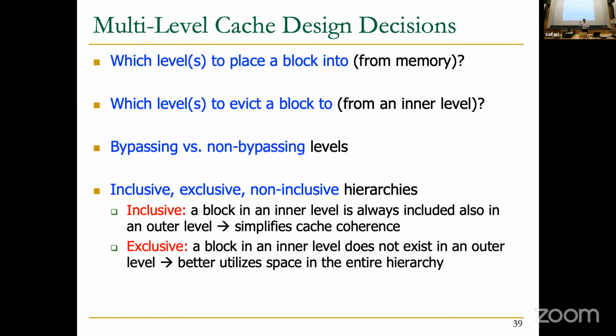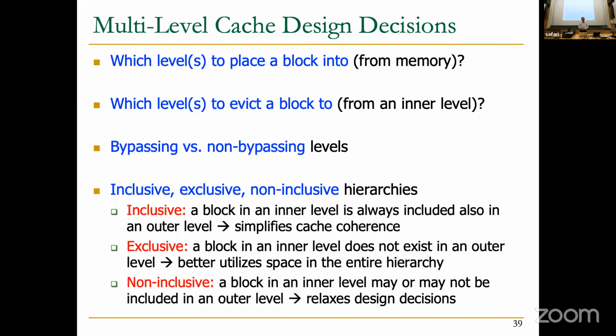If you say exclusive, whatever I'm going to have in an inner block is not going to be replicated anywhere else, or basically a block can be present only at one level. Then you're actually using the entire cache space in a much better way. But it turns out inclusive is easier to implement coherence, whereas exclusive is a bit harder to implement coherence, because if you do inclusion, you just need to check the later level caches or some level caches for coherence.